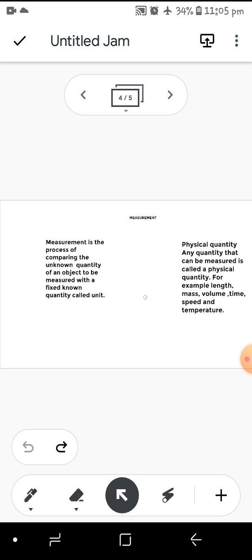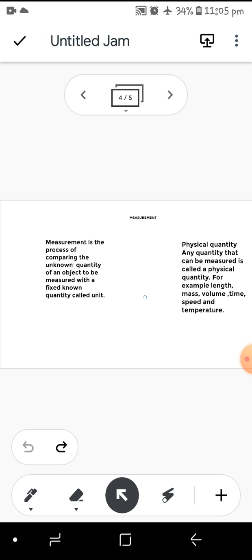That thing that can be measured is a physical quantity like length, mass, volume, time, speed, temperature, all are physical quantities that we can measure physically. Not just can we express it, but we can measure it also. These quantities are called physical quantities.